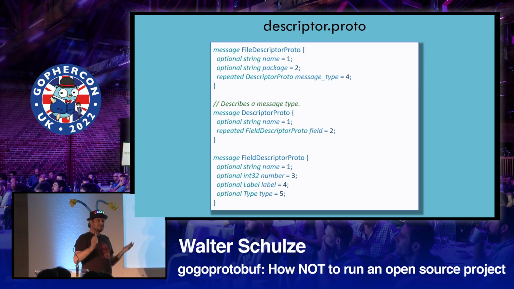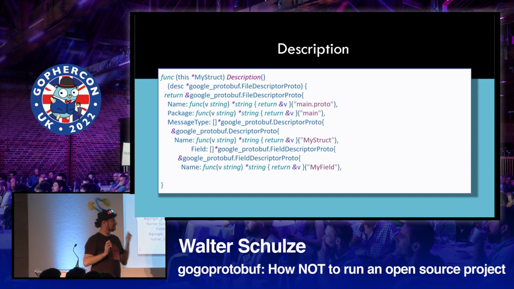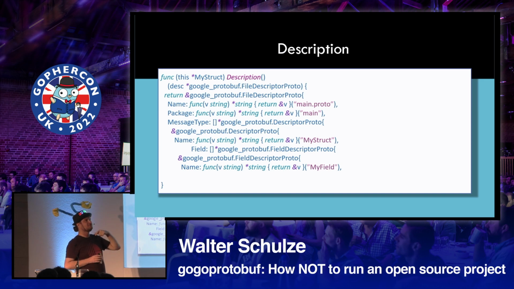But since it's a protocol buffer, it means we can generate a GoString method for it, right? But why would we want to do that? This is going to be a bit mind-bending, so just stay with me, but it's okay if you don't. But we can generate a descriptor method for our structures, which means we can return the abstract syntax tree that was used to generate the structure, which means we can do reflection, which is what was needed for us when we were writing our proto database for our query language.